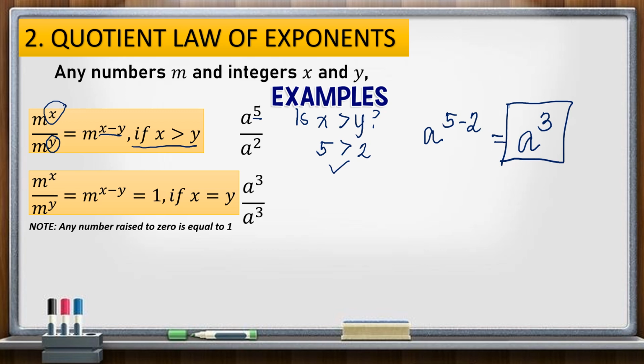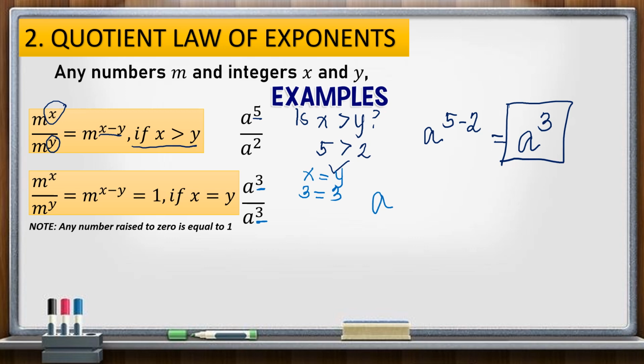Example, we have a raised to 3 divided by a raised to 3. As you can see, the exponents of your numerator and your denominator are equal. We already proved that 3 is equal to 3, or the value of x is equal to the value of y. So, we still subtract.